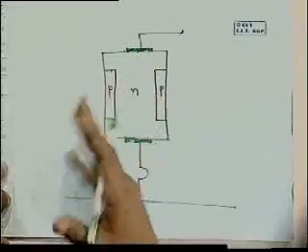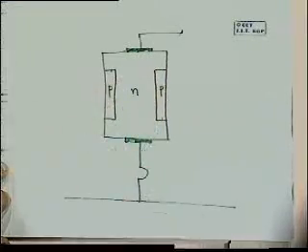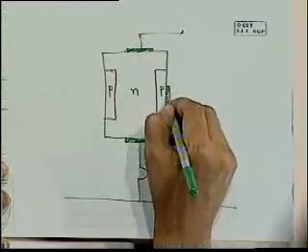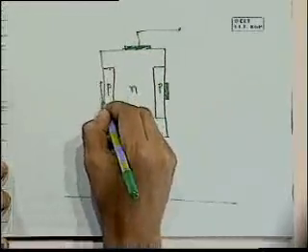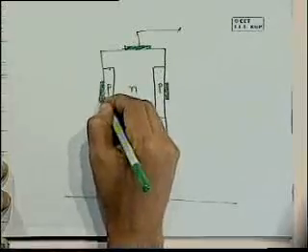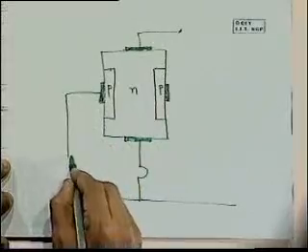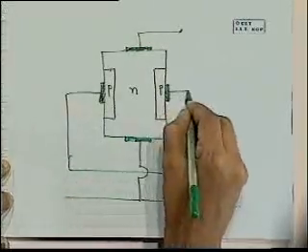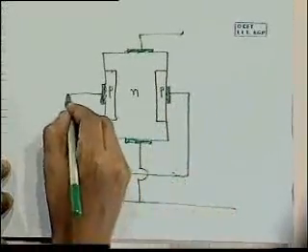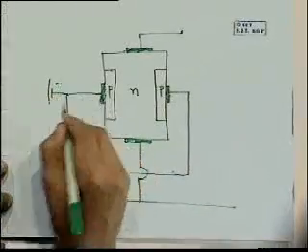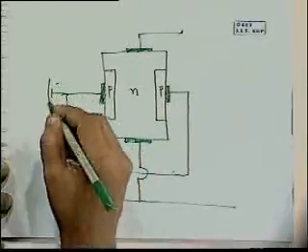This is not what a real device looks like, but it gives us an idea. And then again we have the contacts to the P-type, so that will serve as my gate. Here my gate is connected to the negative, so it's reverse biased.